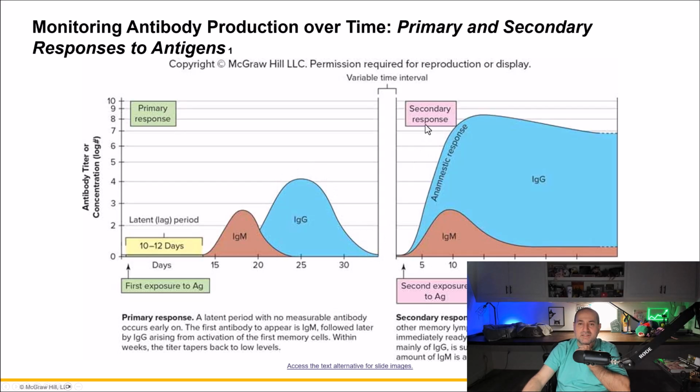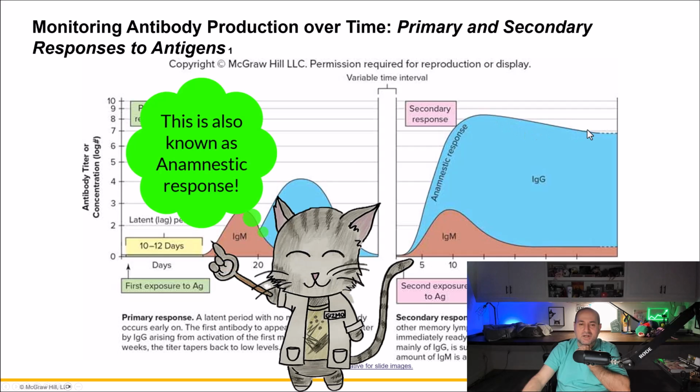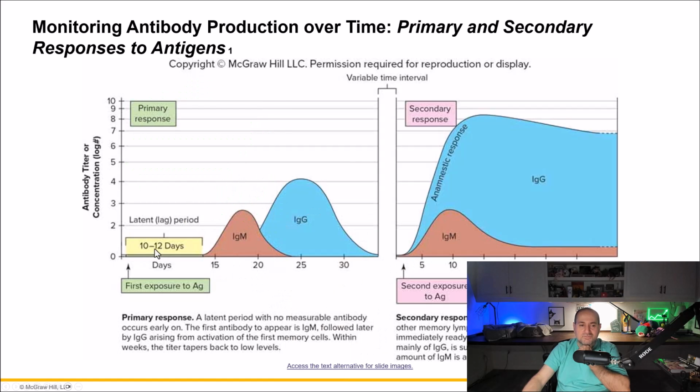Upon secondary response, there is a much, much shorter lag time, and it's IgG that really spikes higher. This is known as antibody kinetics. So during the first response, long lag period with IgM first and then IgG. During the secondary response, very short lag period with a huge jump in IgG almost right away.